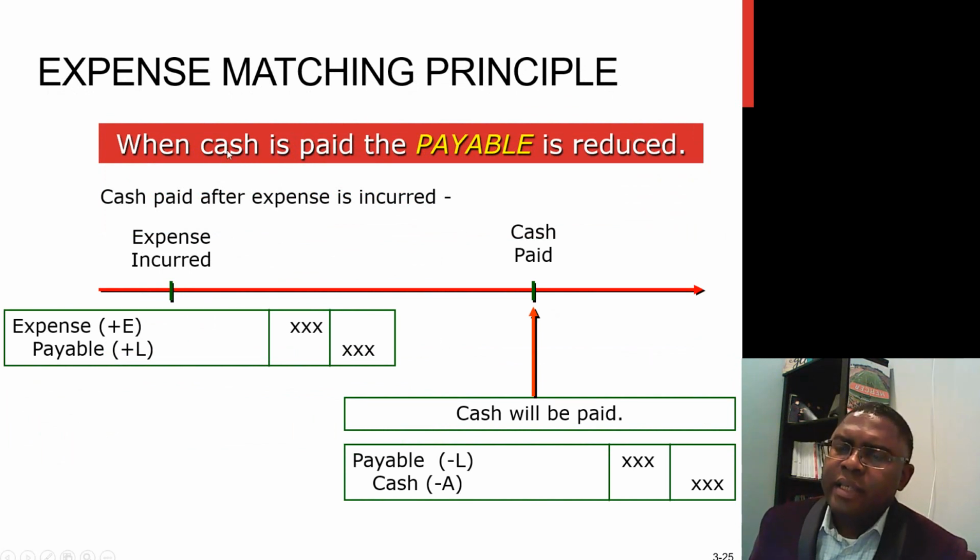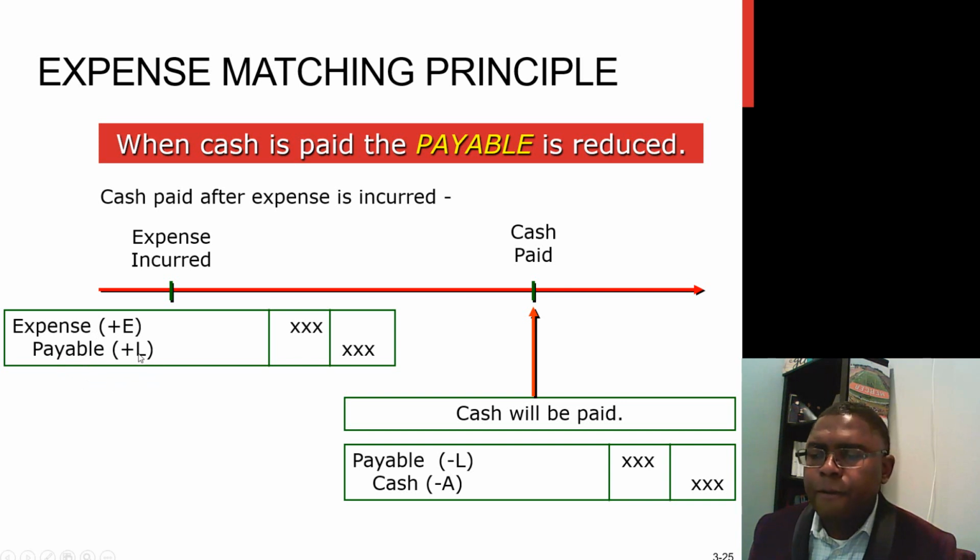So this is another example, when cash is paid. There is a payable, which implies we are owing somebody. We bought something or received something on account. So we recognized expense and the payable, as we saw in the previous example. Now we finally make the cash payment.